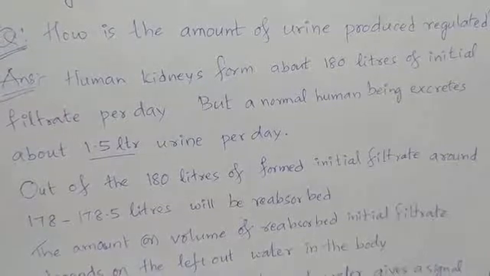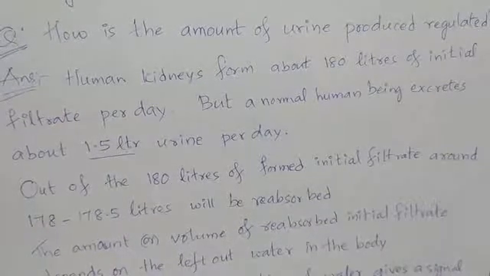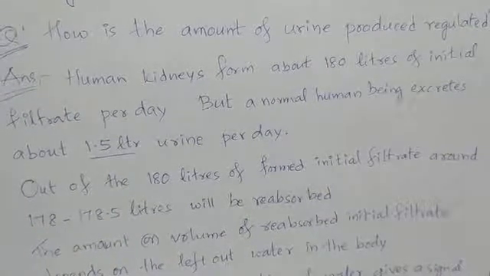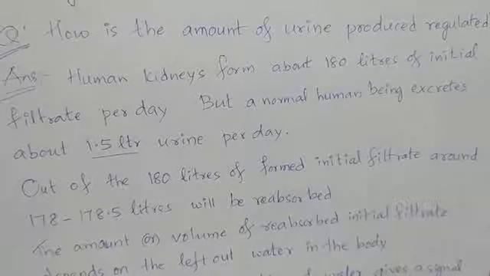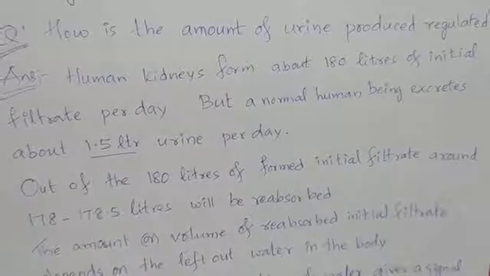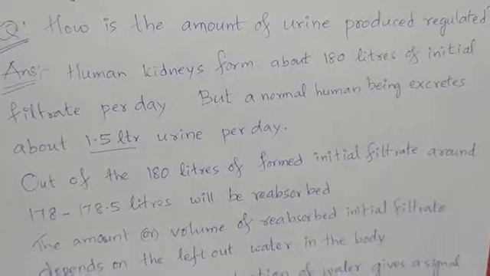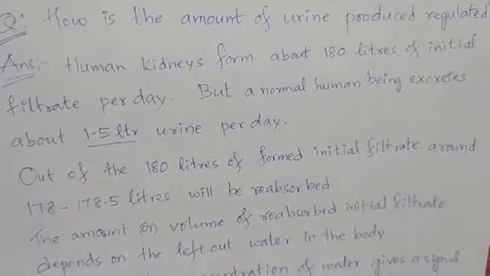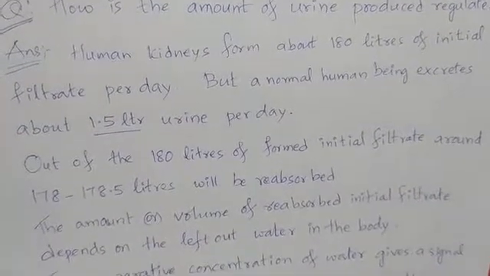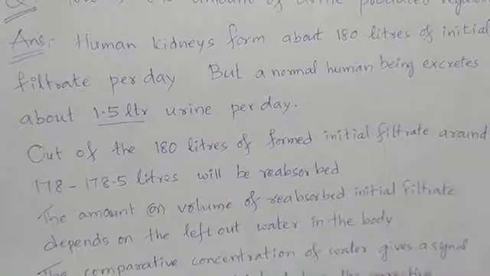And as this much initial filtrate is getting reabsorbed, only 1.5 to 2 liters of urine is released or excreted out. And the volume of the reabsorbed initial filtrate depends on the leftover water in the body.